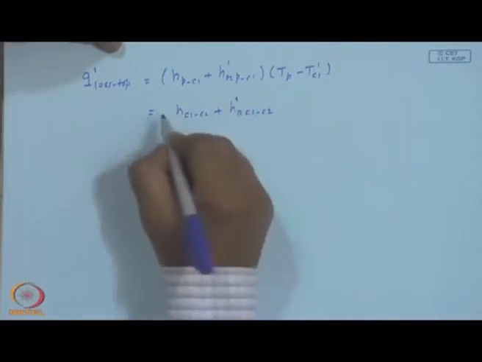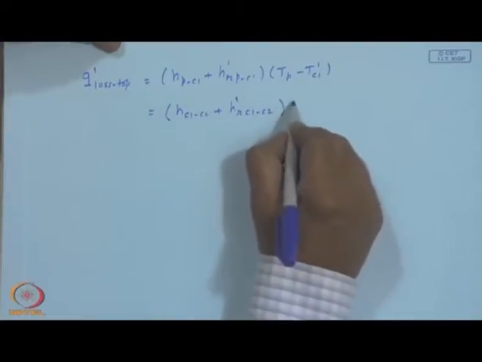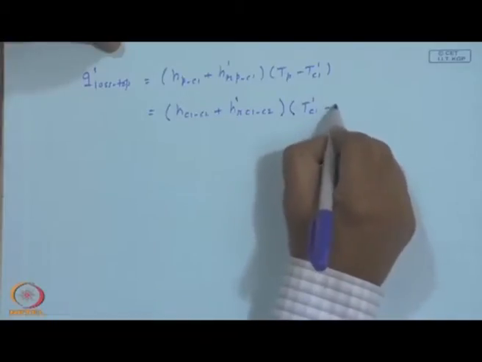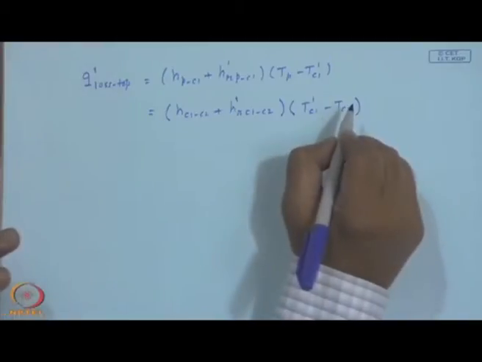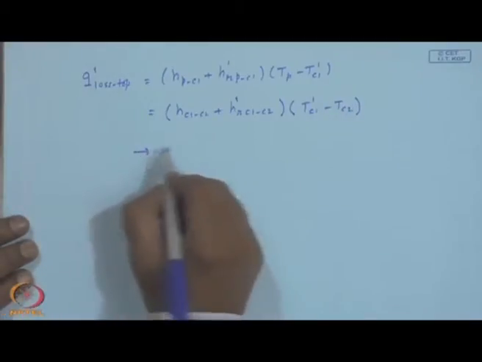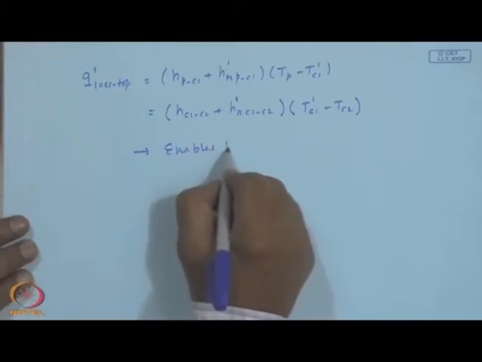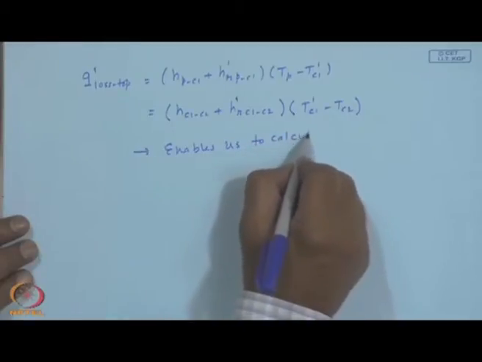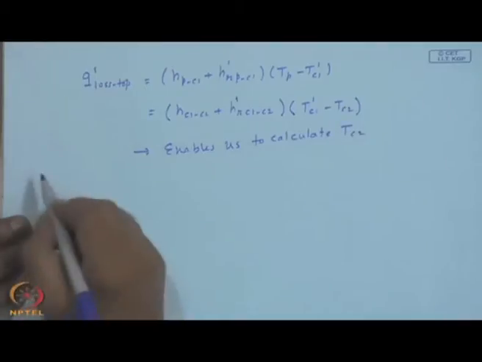Again I shall qualify it with a superscript 1, because it follows from my first guess, times T c 1 1 minus T c 2. Everything is known here except T c 2. So, this enables us to calculate T c 2.